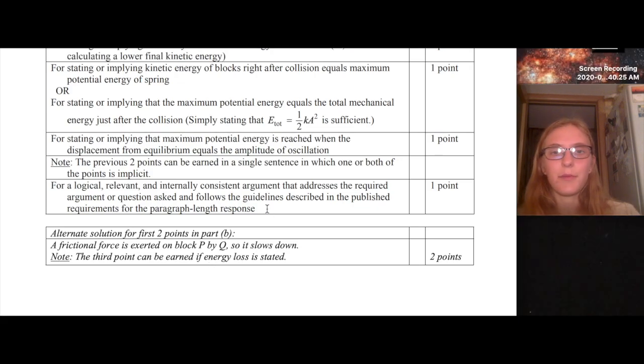And finally, the other point that you should definitely be able to get is for writing a logical, clear, and coherent paragraph. So if you just write a paragraph that kind of has some structure and sort of makes sense, even if your claim is wrong, you can still totally get that point.